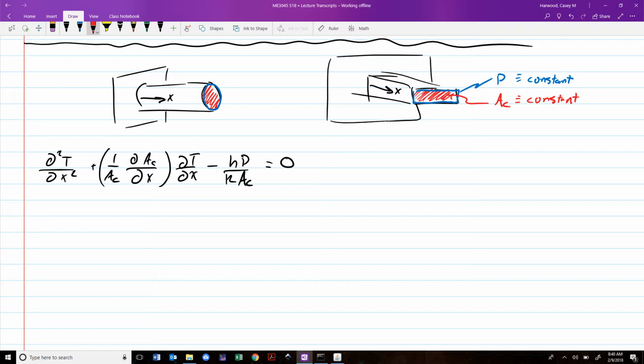But if we make this assumption, we get to send that term off to 0 and assume that this term does not change along the length. So it takes it from a non-constant coefficient differential equation to a constant coefficient one, which everyone in this room has solved.